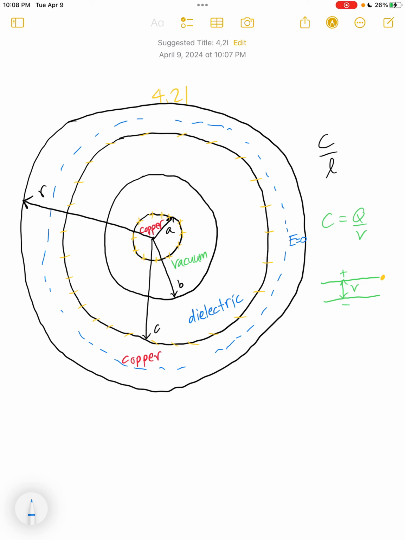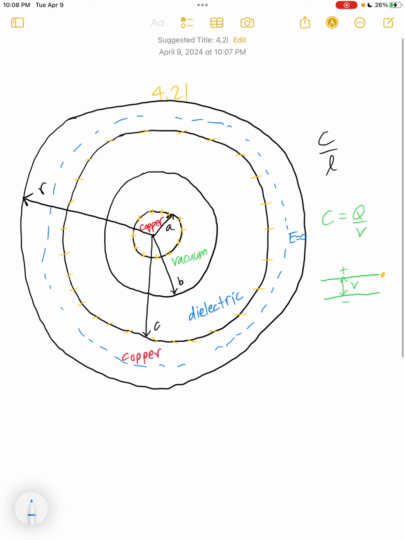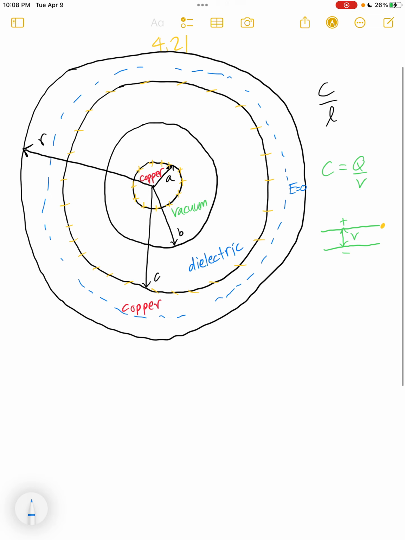Because if it wasn't, E inside the conductor would not be 0, which we know is not true, because there would be some net Q enclosed, namely the charge on the surface of the copper wire. Okay, so that's just a little bit of background to understand why everything is the way it is.